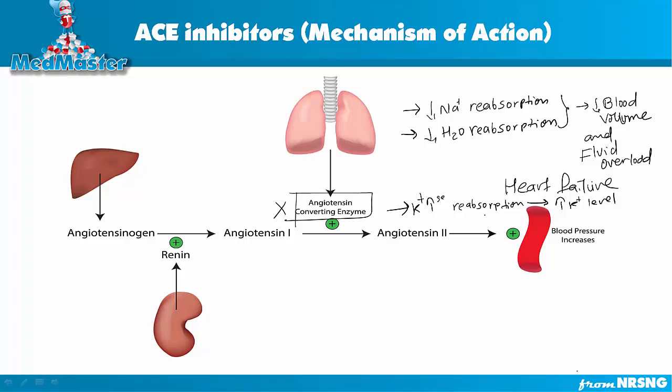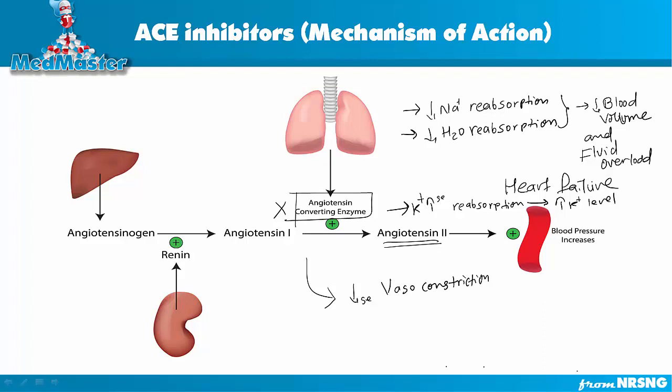Now when we block this enzyme, the angiotensin won't be produced, and it's not going to work on the sympathetic nervous system as well, and it's not going to cause the vasoconstriction. So it's going to decrease the vasoconstriction.